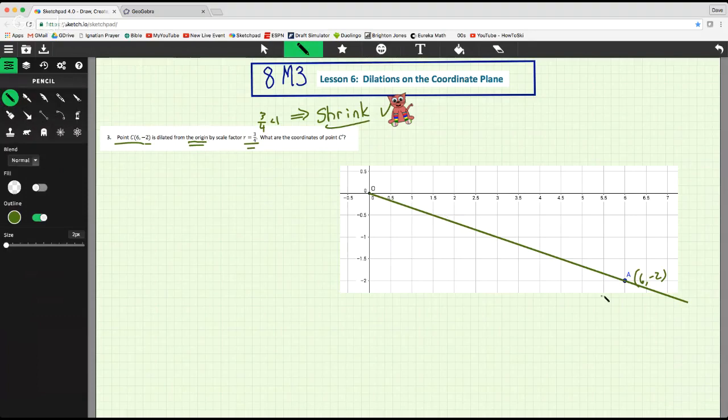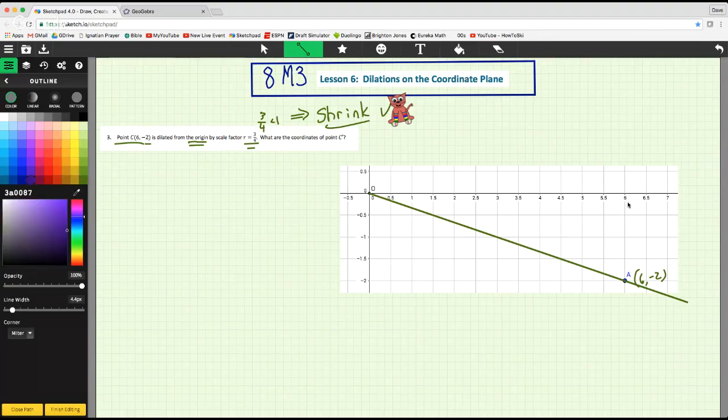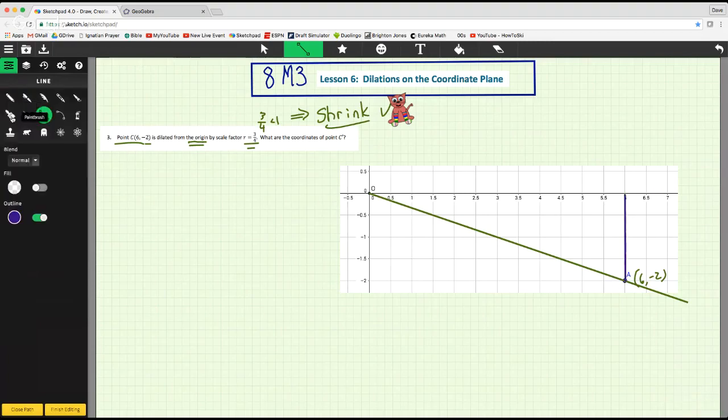Now we have to figure out what's 3/4 of the way along this line. We can't count 3/4 of the way along diagonals on a coordinate plane very easily. But what trick can we use? Well, we can draw our triangle. And we can say, well, this point here is 6 comma 0.